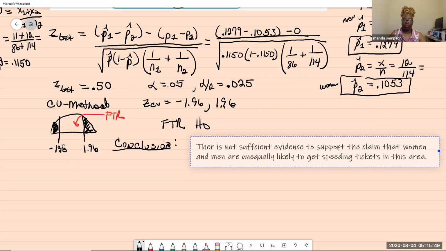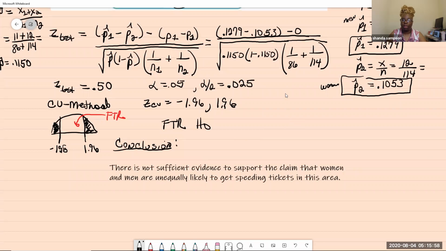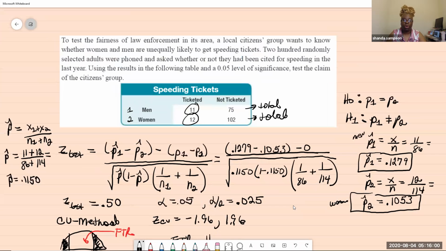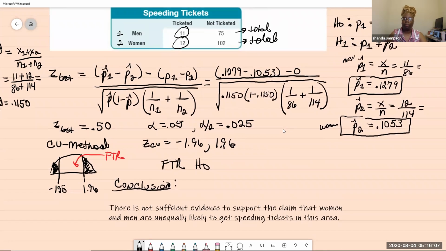In the area where they were from. So there's our conclusion there, right? Taking a look at what they were asking. A citizens group in some place, we don't know where the place is, but we do know that based on the information, the data that they gave us, that there is not sufficient evidence to support the claim that women and men are equally likely to get a speeding ticket in this area, okay?